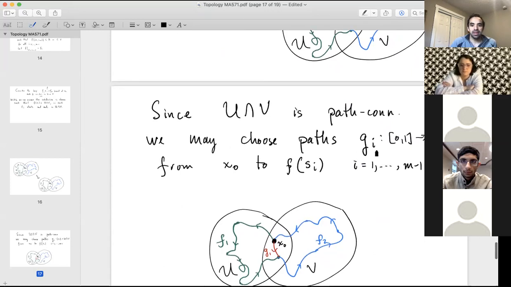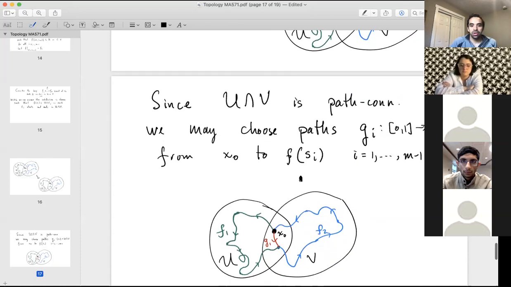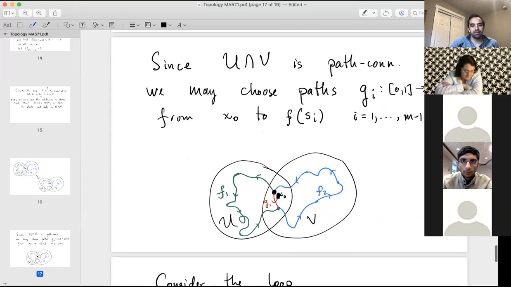We choose path Gi in the intersection from X0 to F of Si, which is one of the splitting points, which by assumption will always lie in the intersection. We showed that without loss of generality, we can assume all the splitting points are in the intersection. So in this picture, it will look like that. You can always find such a path.